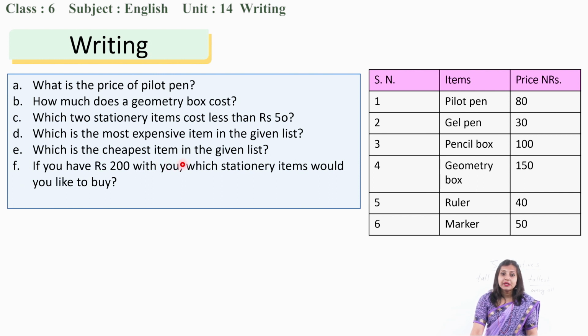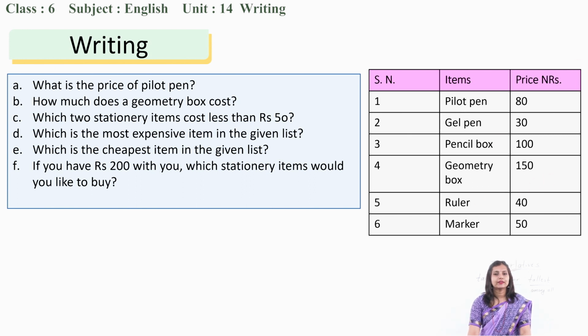Which is the cheapest item in the given list? Which stationery item is the cheapest one? Tell me. Good, it's gel pen. Just 30 rupees. If you have rupees 200 with you, which stationery items would you like to buy? Suppose your parents have given you 200 rupees. Now you have to buy two stationery items.